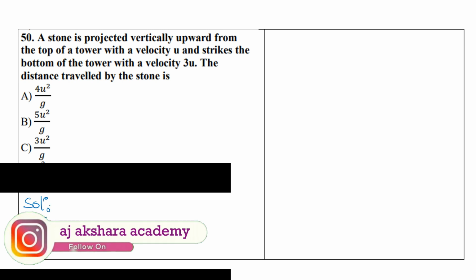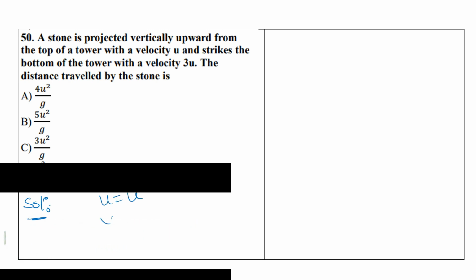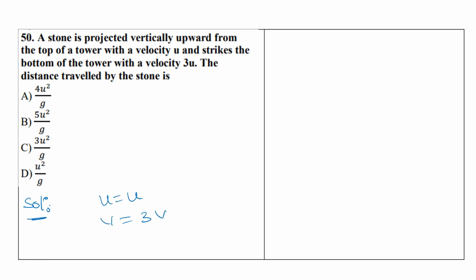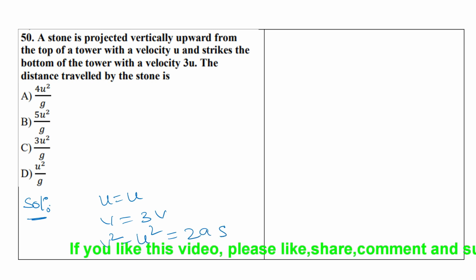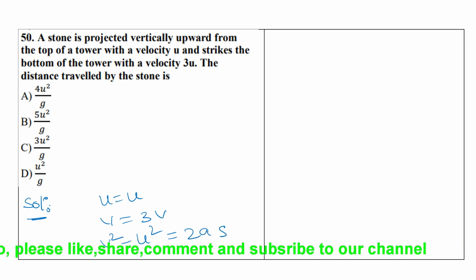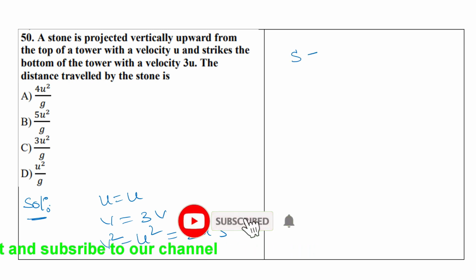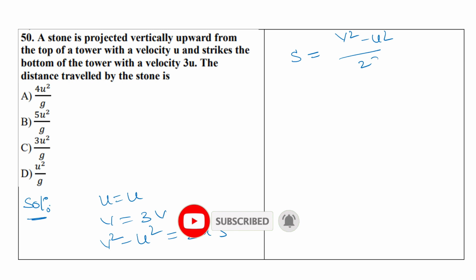Given u is equal to u and v is equal to 3u. From the third equation of motion, v square minus u square is equal to 2as. Here we have to calculate the distance travelled by the stone, so s is equal to v square minus u square by 2g.